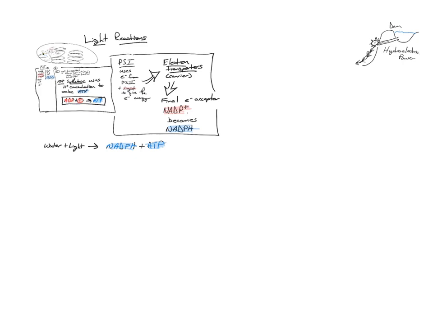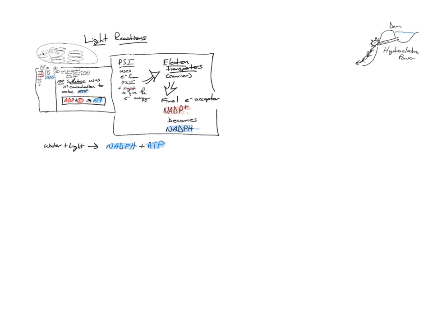So, does anybody have any idea where the Calvin cycle happens? Oh, I gave it away. Dang it! It's called the Calvin cycle. Can anybody imagine where it happens? What do you think the Calvin cycle does?